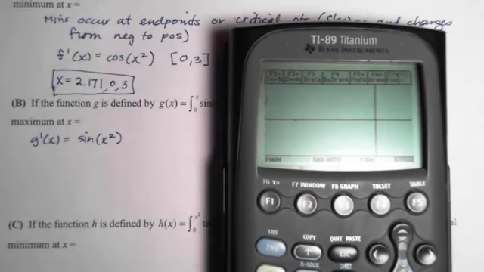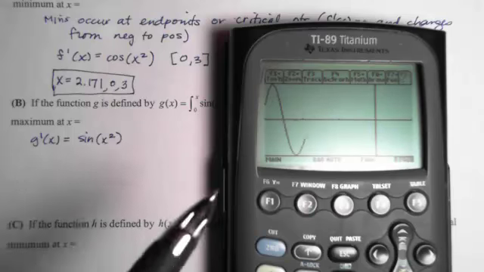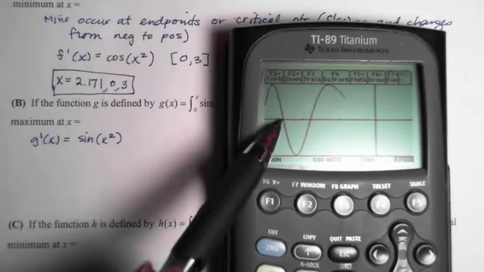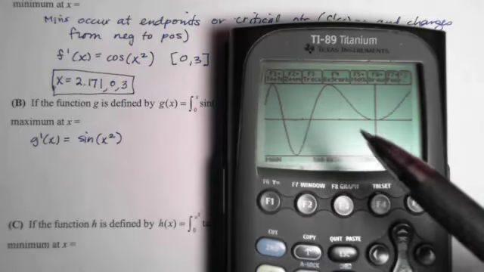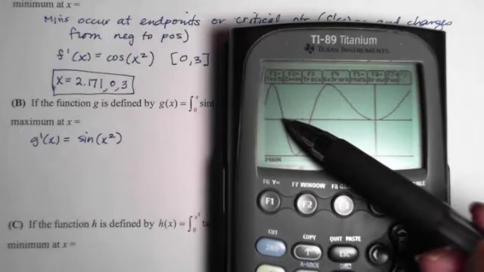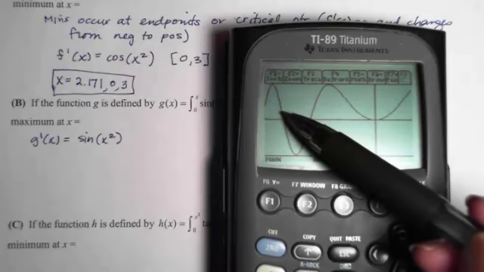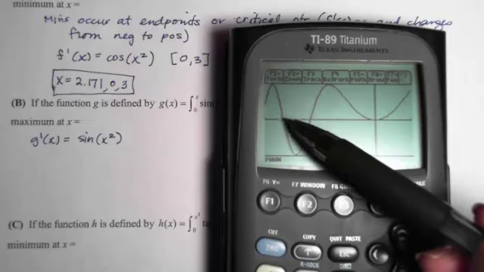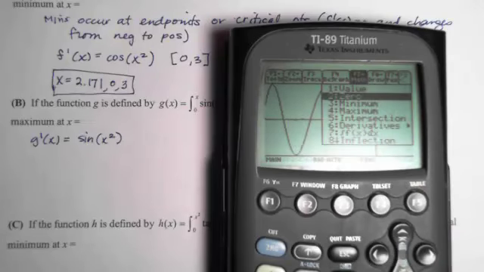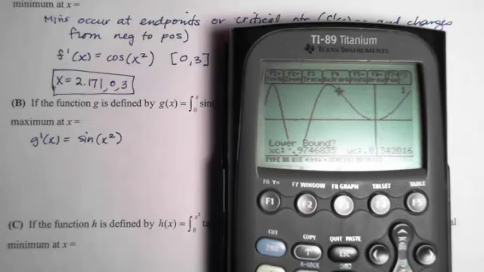If I graph this now, we're looking for when it crosses from above to below. We can see that there's only one time when that occurs, and it's right here. Here we change from a positive g prime to a negative g prime. So we're going to look for that zero. We need to get all the way to the left, so I'm going to try -2.5, see if that takes me.